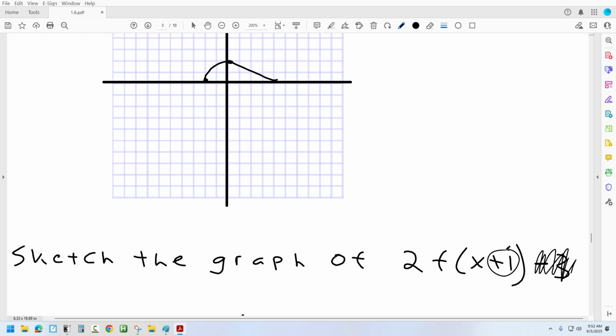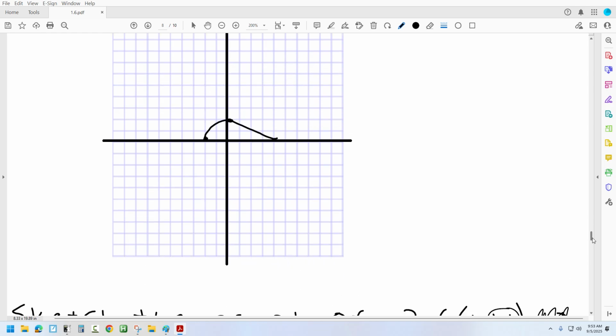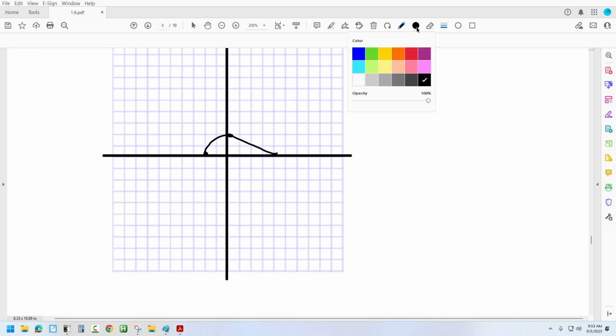Let's start with that. What's the +1 going to do? Yeah? It's going to shift left 1. So every point that I have on here is going to shift left 1. So that point goes there, that point goes there, that point goes there. Again, no formula. You're just shifting the image using the points.